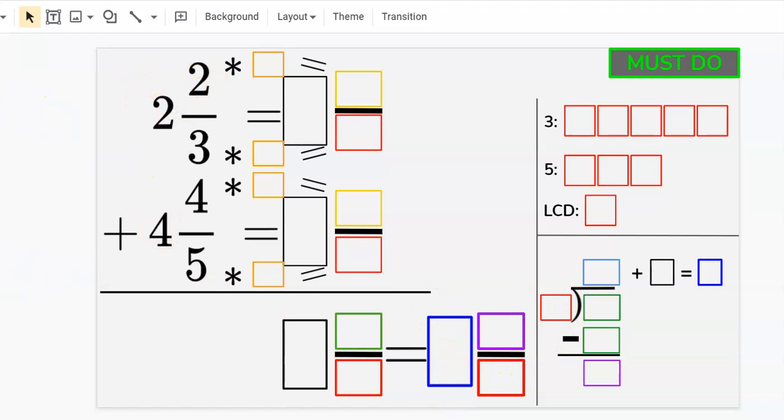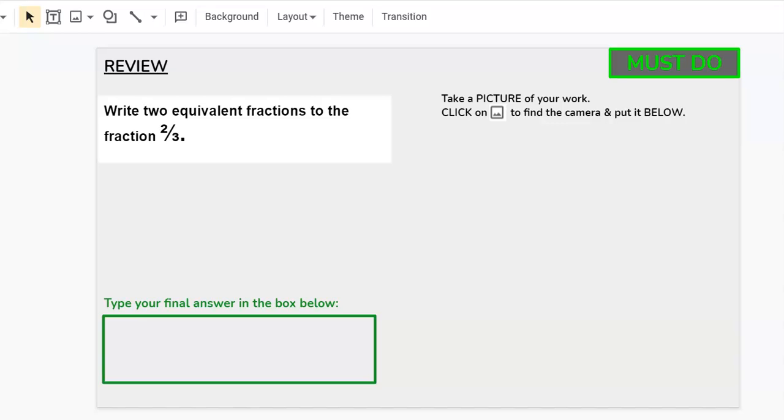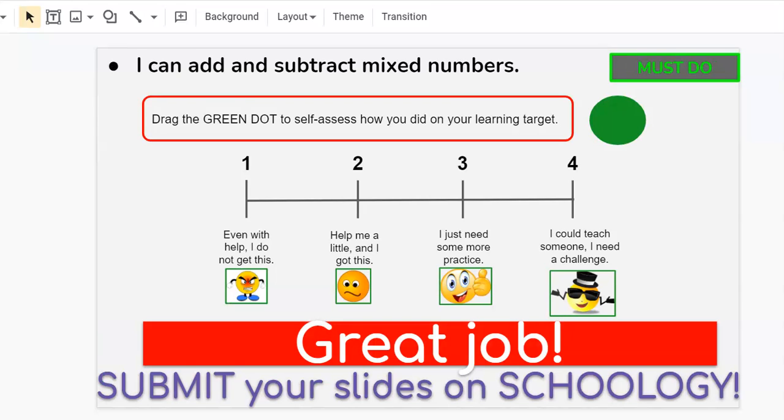You're going to have two problems like that so that you get a review of turning an improper fraction into a mixed number. And then you have one review problem of finding equivalent fractions. Remember that equivalent means they have the same value. So as long as you do the same thing to the numerator and the denominator, it makes it an equivalent fraction. Then you will submit your slides on Schoology.